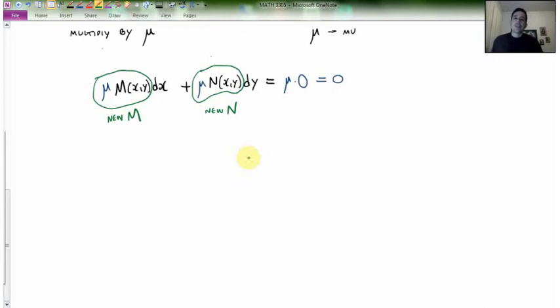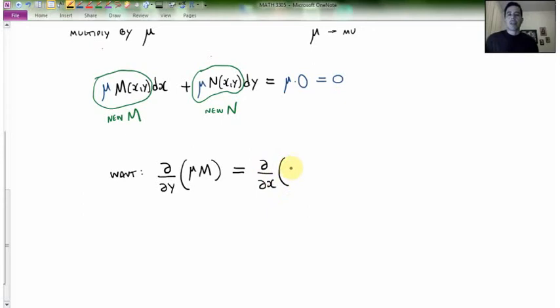Now at this point, we have no idea what that mu function is. So let's enforce what we want. What we want is to make sure that the mixed derivatives are equal. So we want to make sure that when we take the partial y of that expression, we want to enforce that and make it equal to the partial derivative of that expression with respect to x.